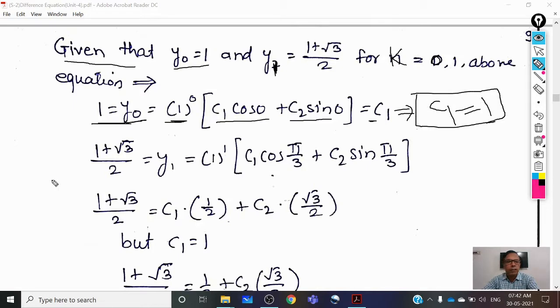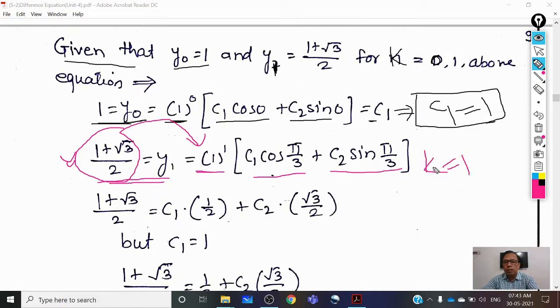And by using the second boundary condition, given that y(1) = (1 + √3)/2, putting the value of r and θ in the above relation with k = 1, we get (1 + √3)/2 = 1^1 (c1 cos(π/3) + c2 sin(π/3)). On simplifying, (1 + √3)/2 = c1 (1/2) + c2 (√3/2).